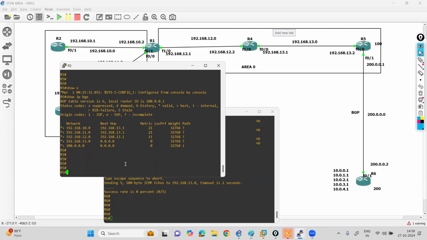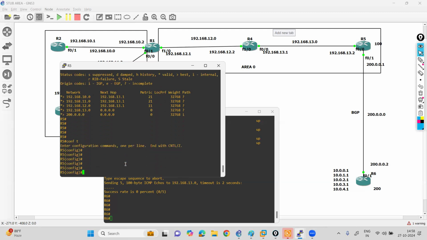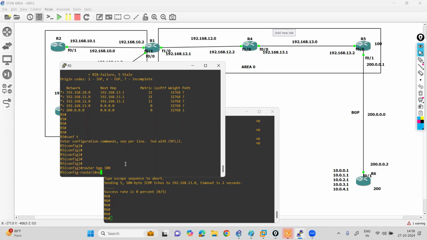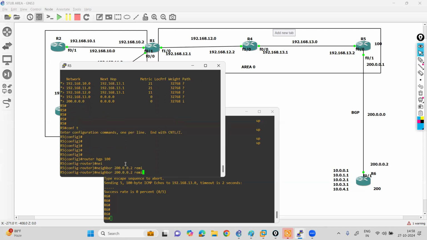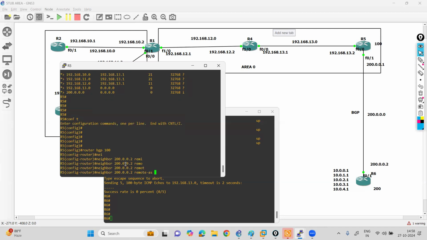Configuring terminal. Router BGP. Which one is this? 100. Neighbor 200.0.0.2. Remote AS 200, right or not?